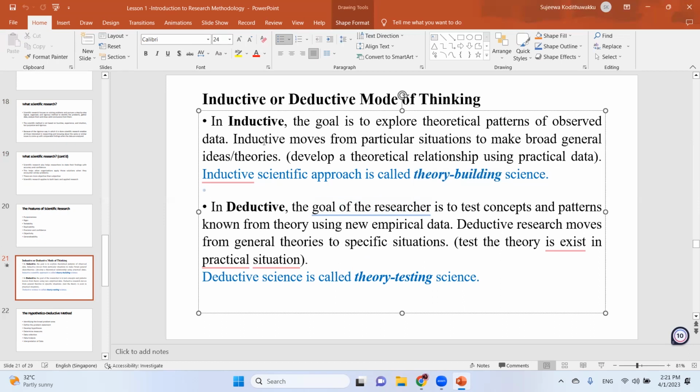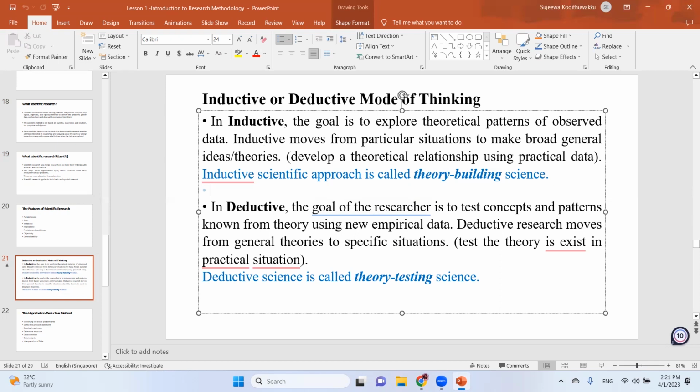So if it's an inductive research, let's say you select commercial banks in Sri Lanka, and you conduct a research, and then through your findings, you are going to develop a new theory. So that is called inductive, right?